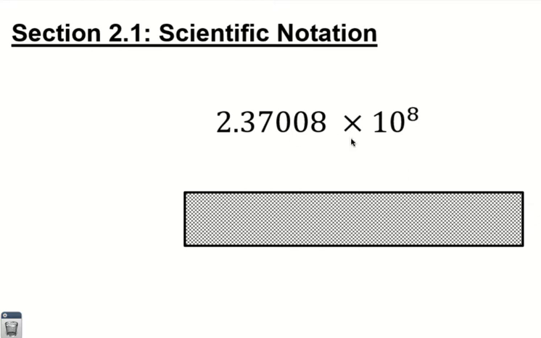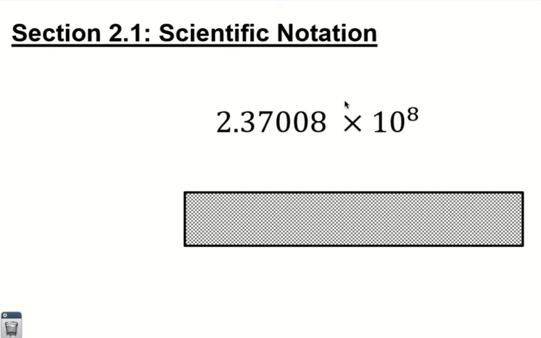We use this when you're talking about numbers that are really big and have a lot of digits, or when the number is really small, as in a decimal that goes out a lot of decimal places. So in order to avoid writing a lot of digits, whether there's a decimal or not, we like to use scientific notation.